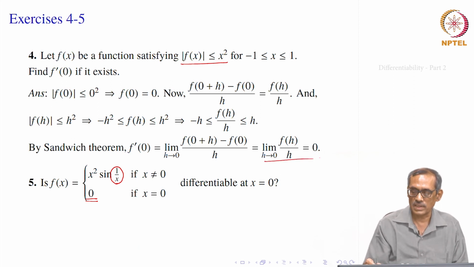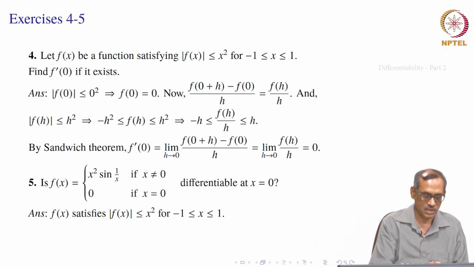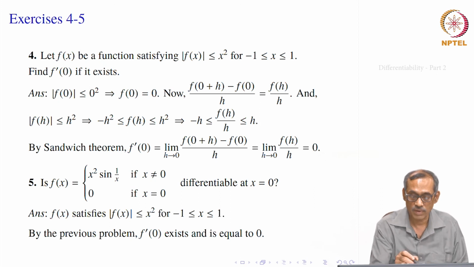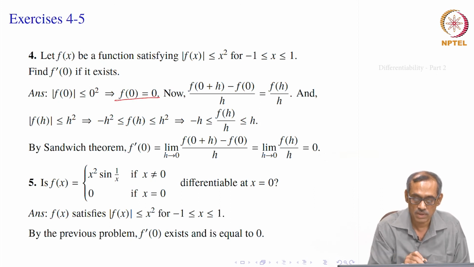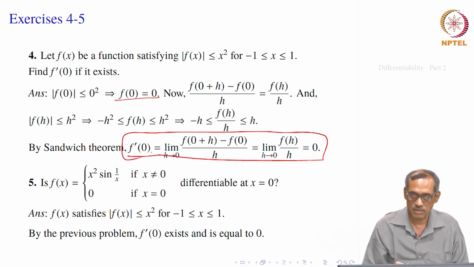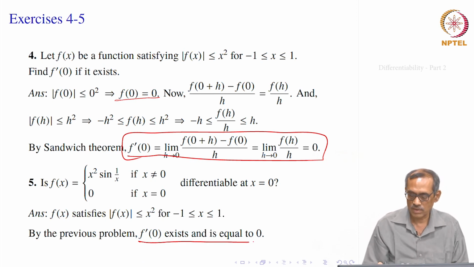So, in this case also we conclude that it is not differentiable at x equal to 0, right. No, sorry, it is differentiable. We have found out that f of 0 equal to 0 and f prime 0 equal to 0. It is differentiable, its value is 0. So, we just apply that and again conclude that f prime 0 is equal to 0.